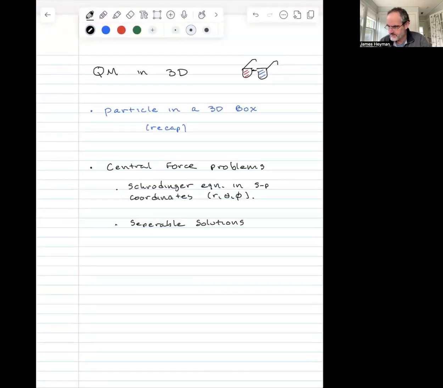Okay? We'll find that the angular part of the wave function can be described with functions called spherical harmonics.